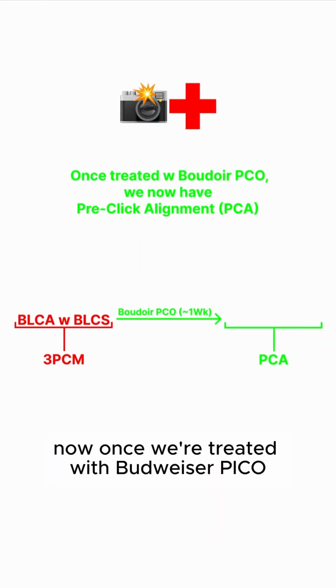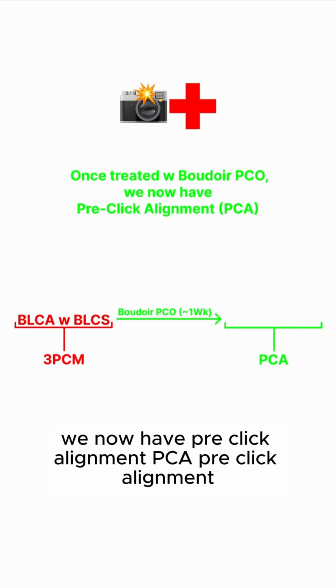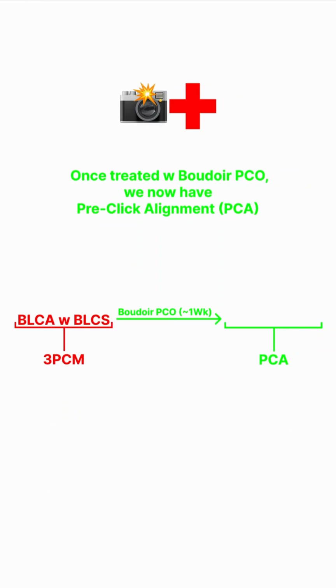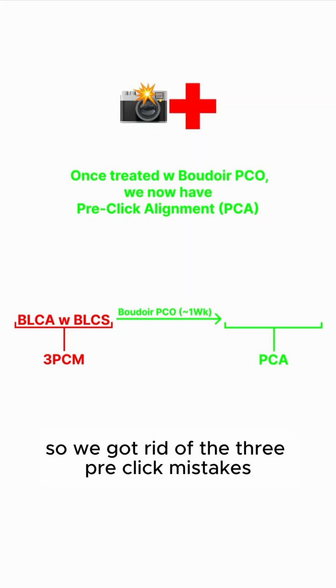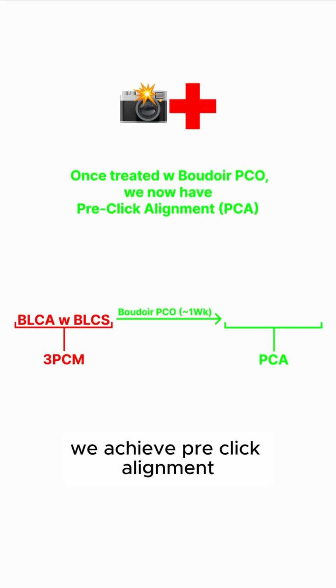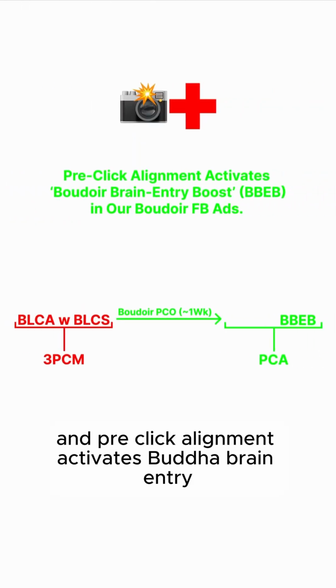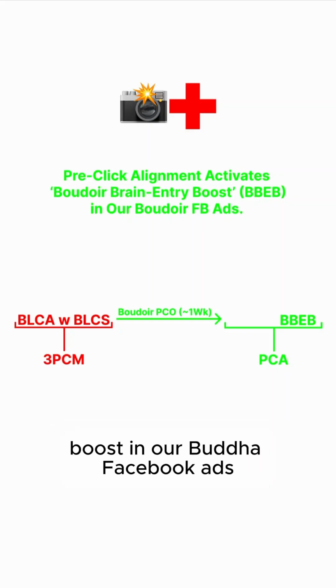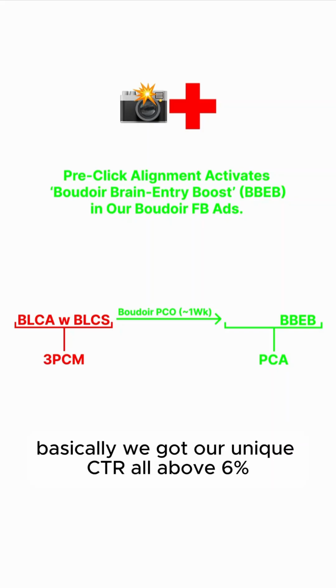Now, once treated with Boudoir Pico, we have pre-click alignment, PCA. So we got rid of the 3 pre-click mistakes. We achieve pre-click alignment, and pre-click alignment activates Boudoir brain entry boost in our Boudoir Facebook ads. Basically, we got our unique CTR all above 6%.